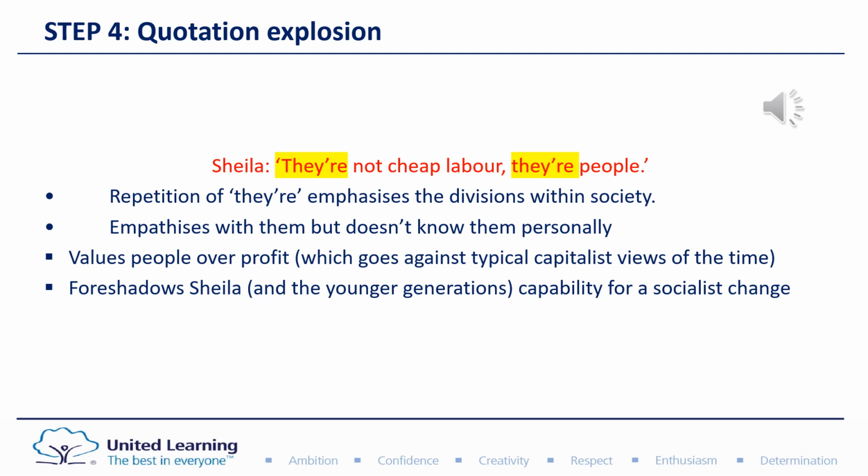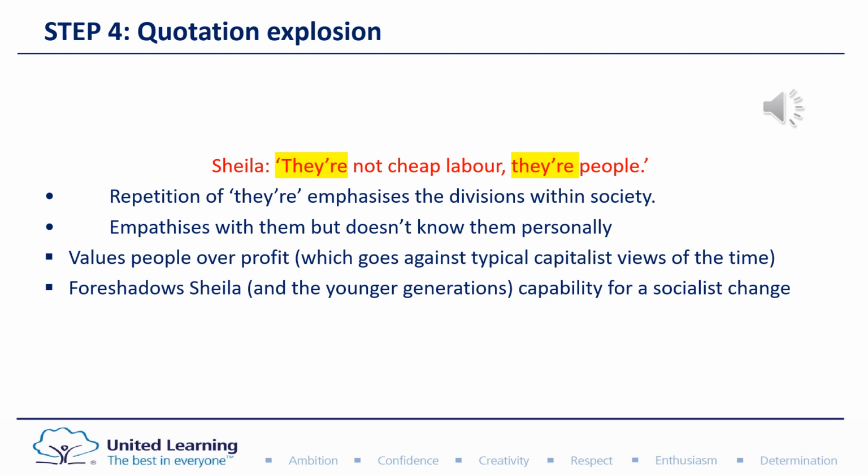As an example, if we looked at the evidence to support the idea that the younger generation are willing to change, we have this quotation from Sheila: "They're not cheap labour, they're people." We could talk about how we've got the repetition of "they're," which helps to emphasise the divisions within society, because Sheila isn't able to name any of these people, so it helps to show that she doesn't know any of them personally.